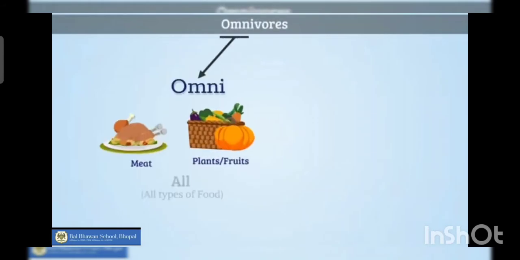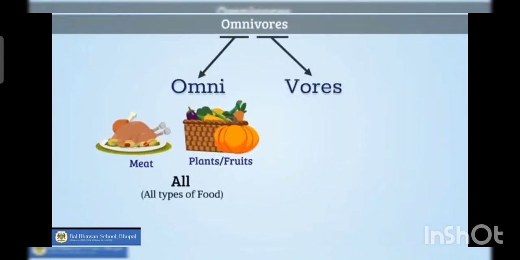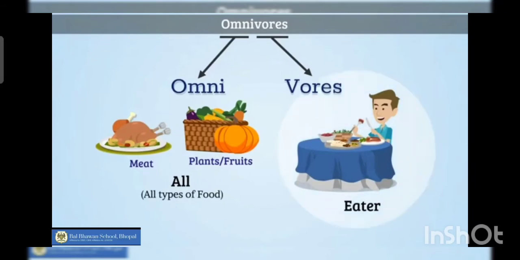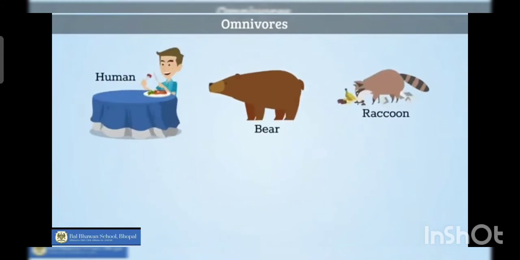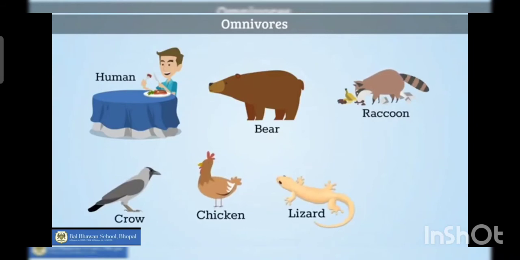Now, let us talk about the third category, that is omnivores. Omni means all and vores means eaters. So the animals that eat all types of food, both plants as well as animal products, are called omnivores, including humans, bear, raccoon, chicken, crow, lizards, and so on.